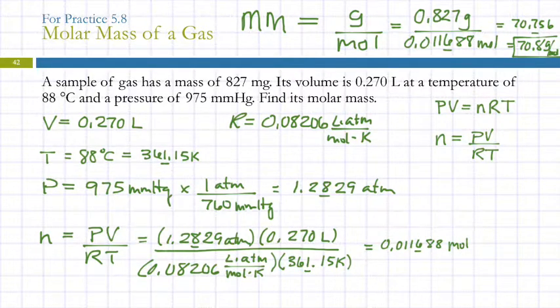What if I got 0.7 grams per mole? Would that be reasonable? What's the smallest molar mass possible? Hydrogen. Hydrogen is a diatomic molecule, so its molar mass would be 2 grams per mole.